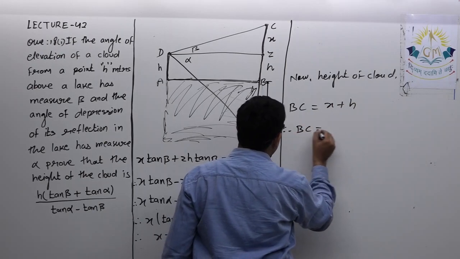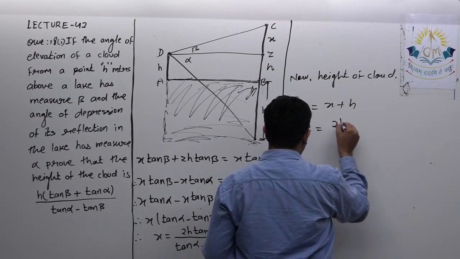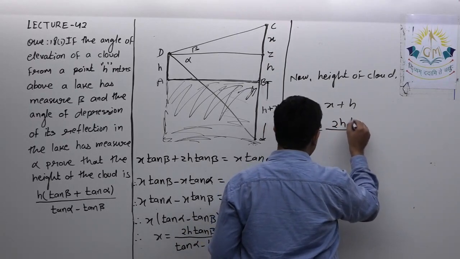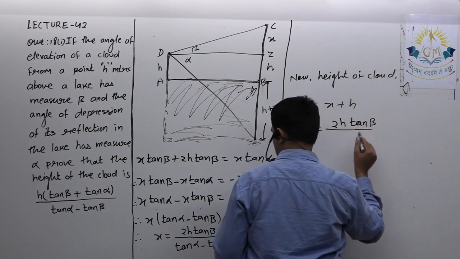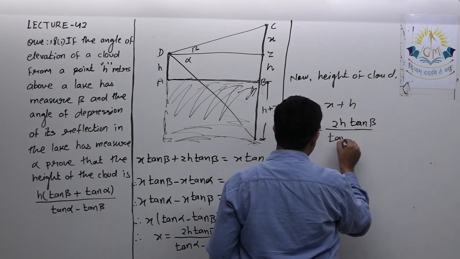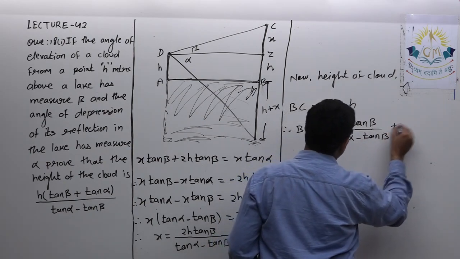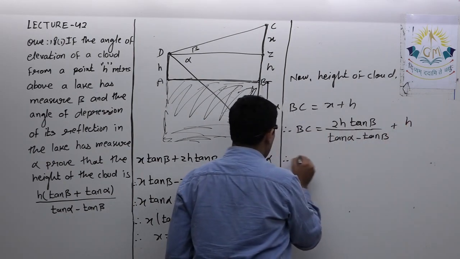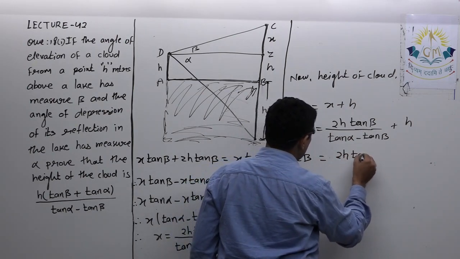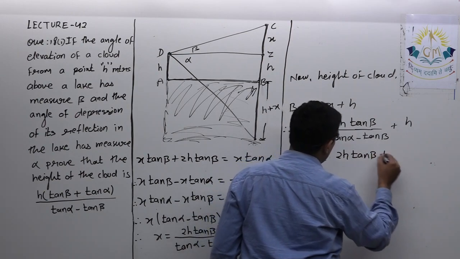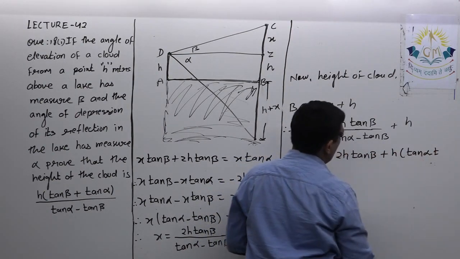Therefore, BC is equal to, now instead of x, I write 2h tan beta upon tan alpha minus tan beta, plus h. Okay, so BC or CB is equal to 2h tan beta upon tan alpha minus tan beta, plus h.